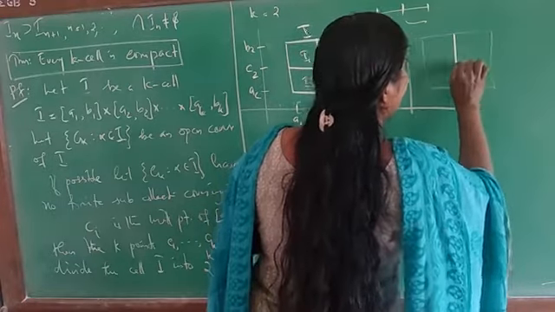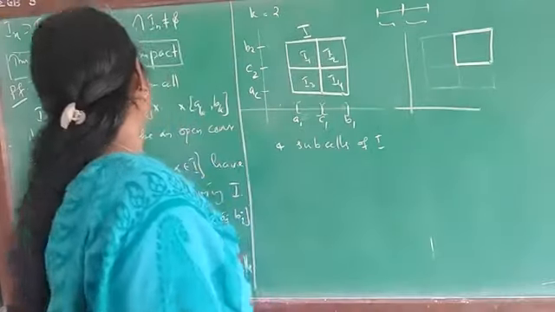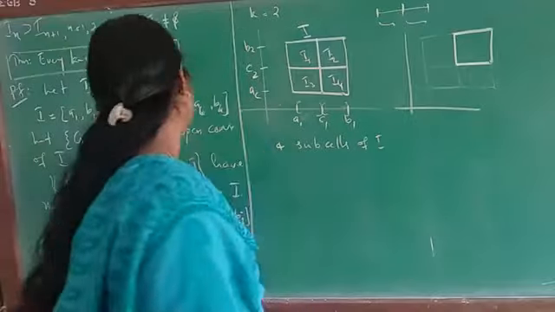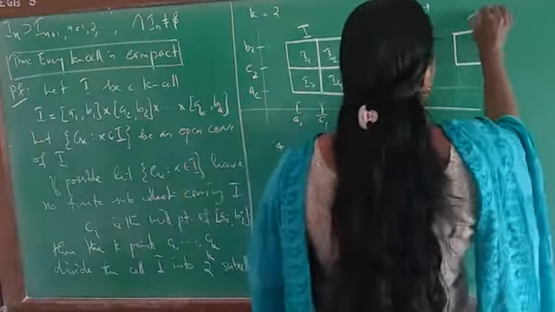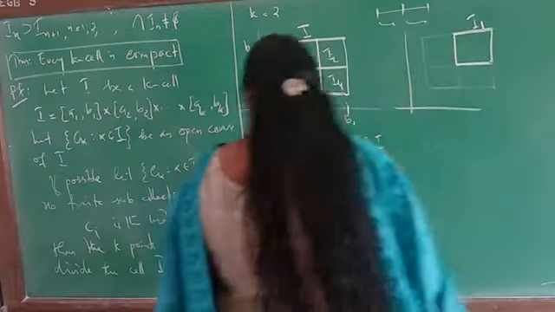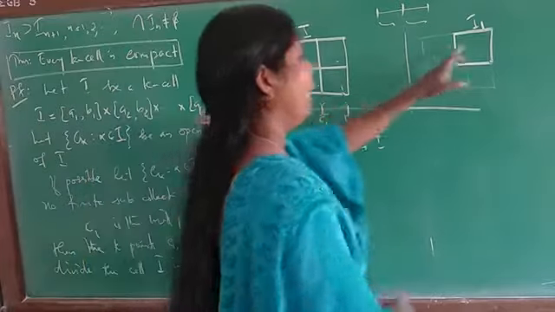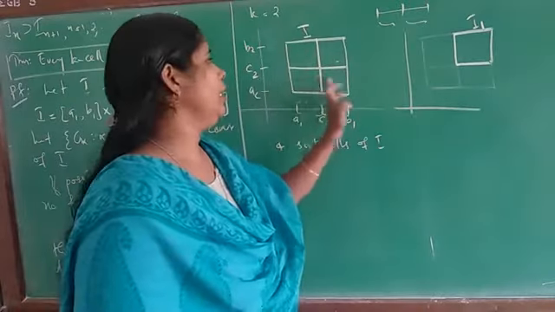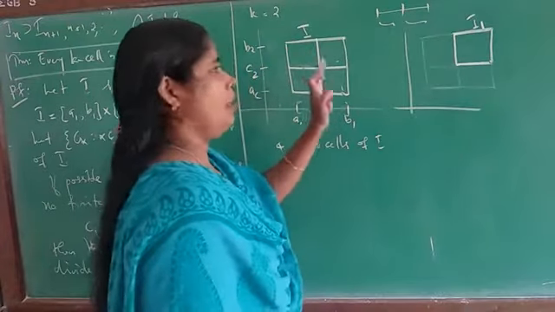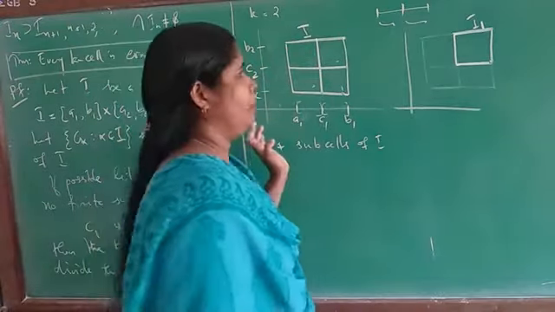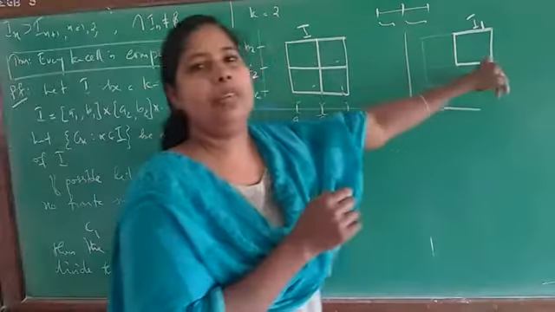You can choose any one of the subcells which is not covered by any finite subcollection of G alpha. We will not name all of the cells. We just consider the subcell which is not covered by finitely many G alphas. Okay, so call it I1. Now from I we reduce to I1.